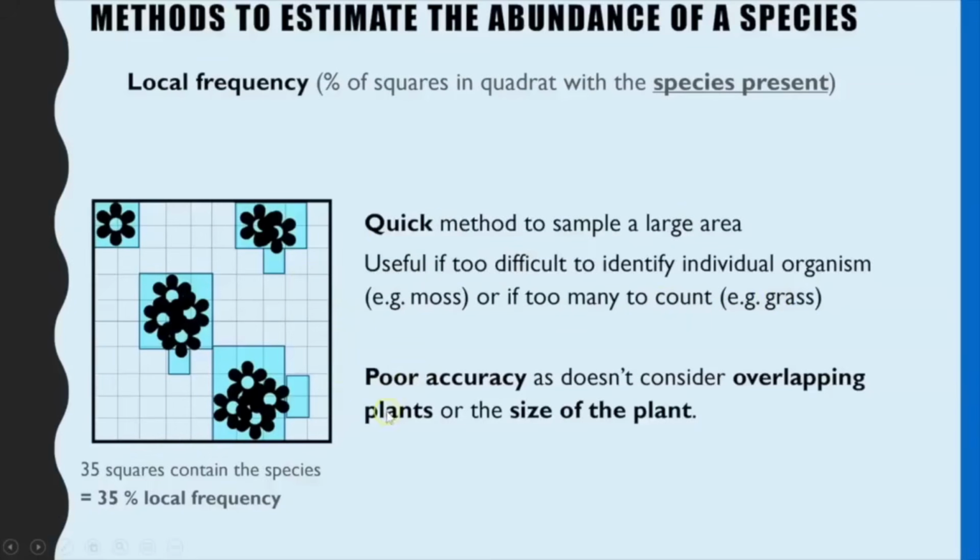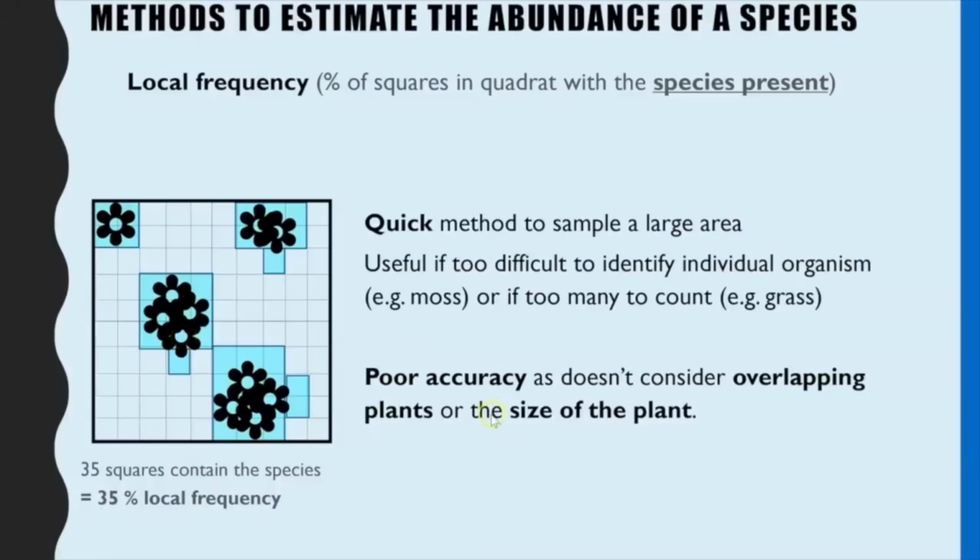The downside, poor accuracy. And the two key reasons for that: number one, it doesn't take into account that in this section here, we actually have plants overlapping. And it looks like there's 4 there, but there might be more underneath. We might have many other daisies overlapping, so you can't count them.